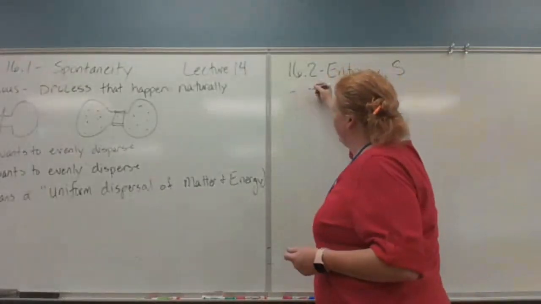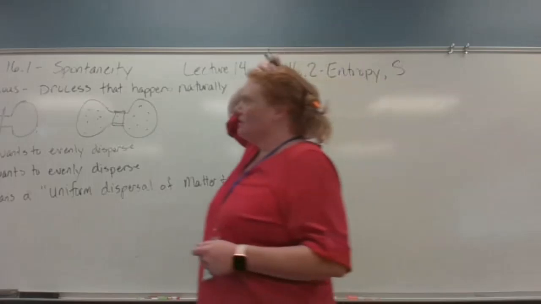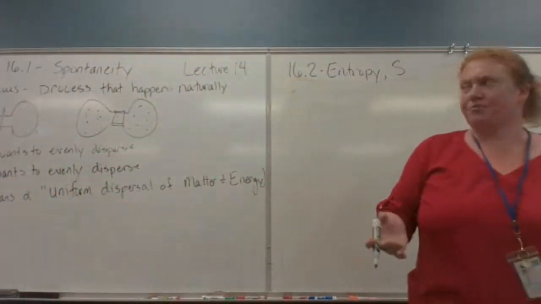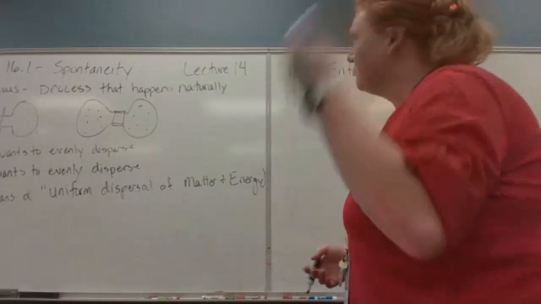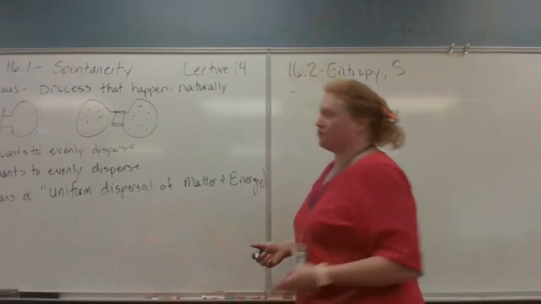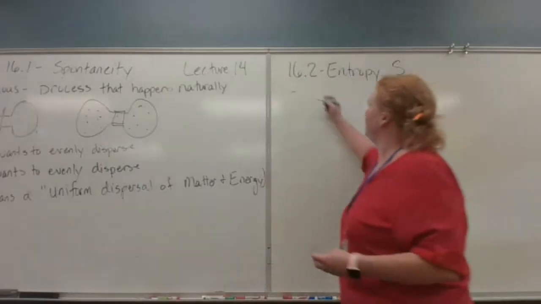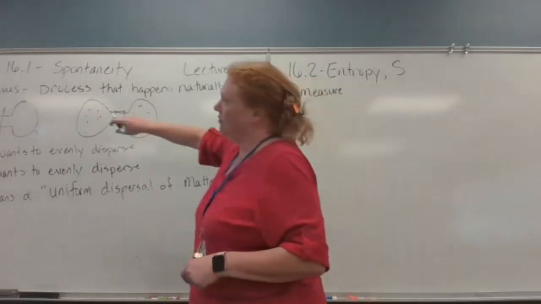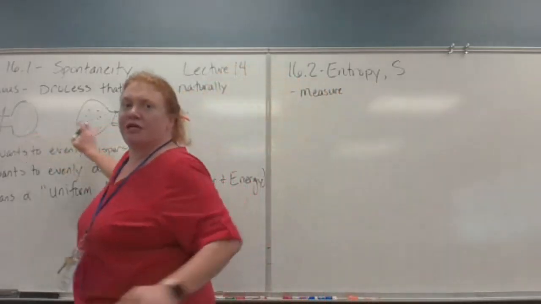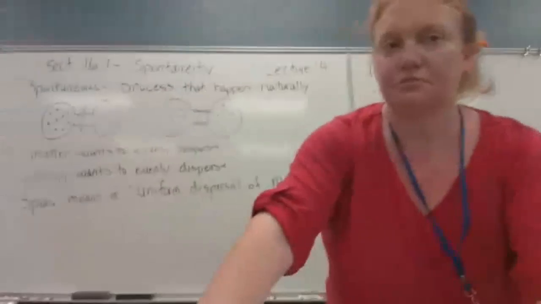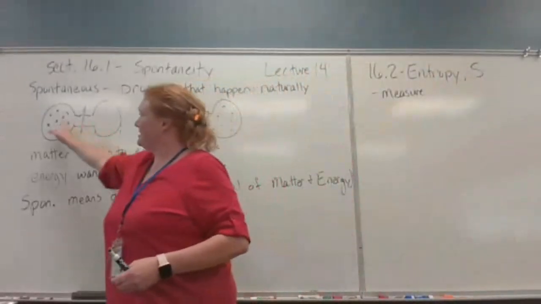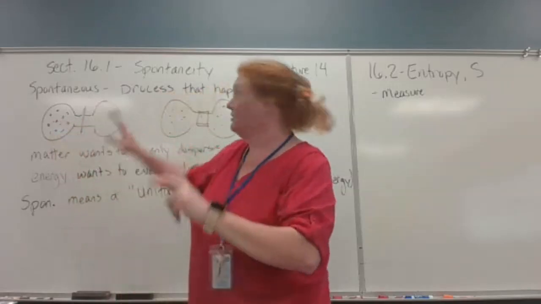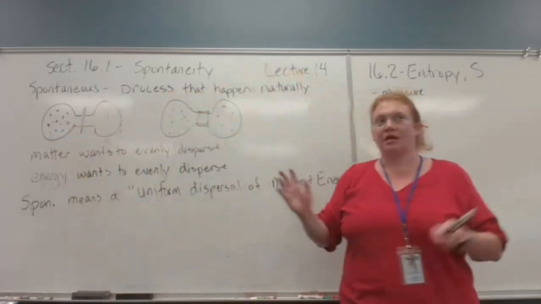Sometimes you may hear phrases said like entropy is chaos. Chaos is entropy. The more disorder there is, the higher the entropy. Well, what we're talking about is, would you agree that this looks more orderly than this?